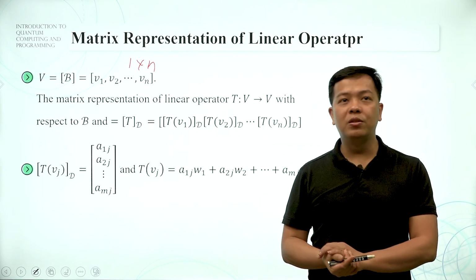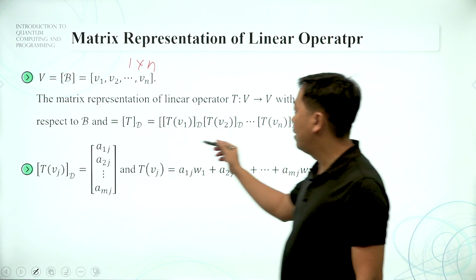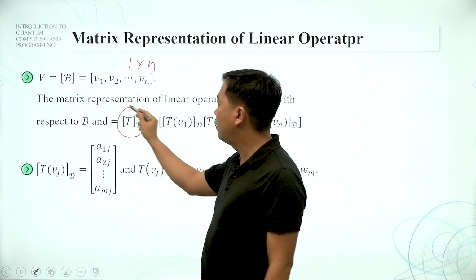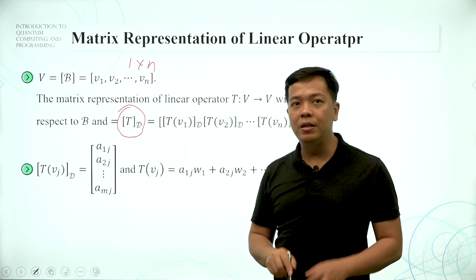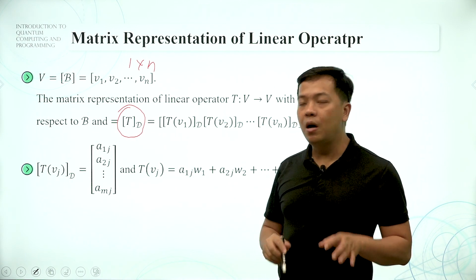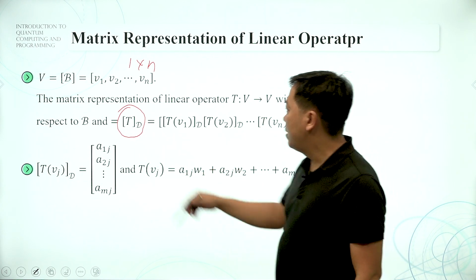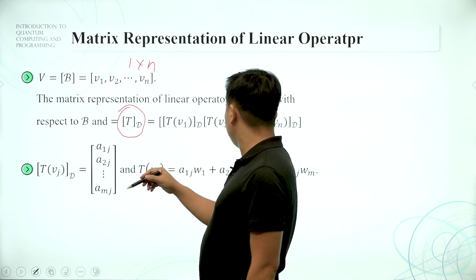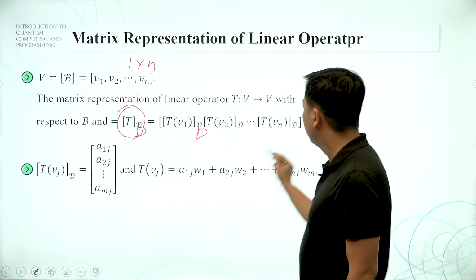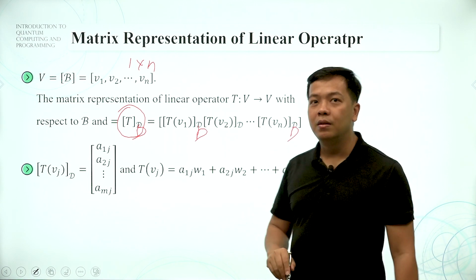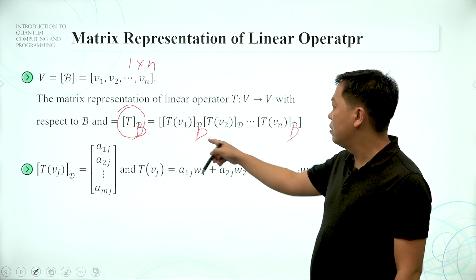The matrix representation of a linear operator we can define like this. The matrix is T, which means the linear operator, with respect to the basis B.